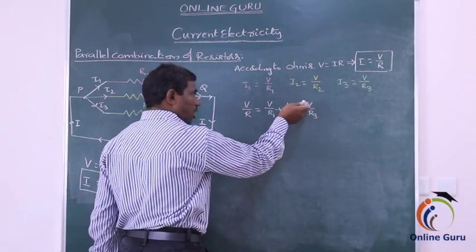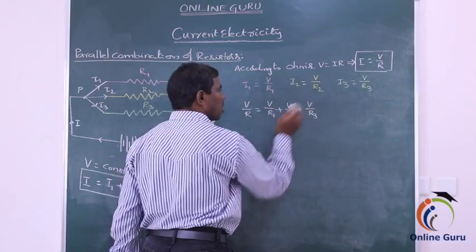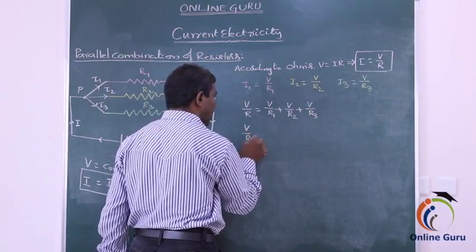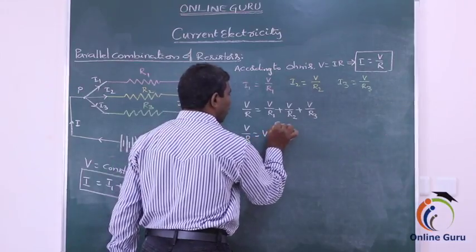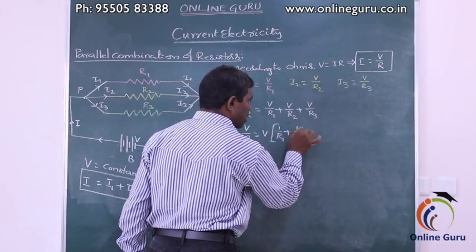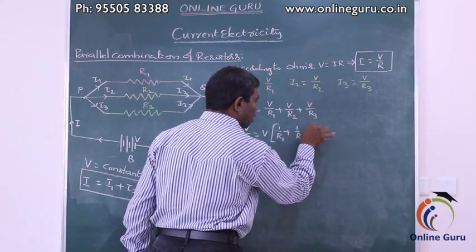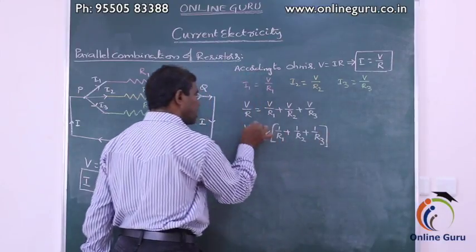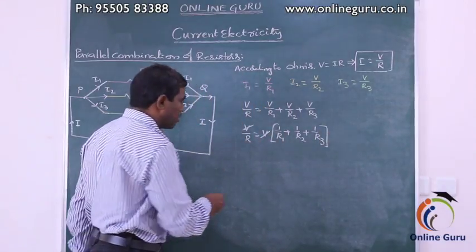Then on the RHS, V is the same, that's why we can take V common. That is V by R is equal to V into 1 by R1 plus 1 by R2 plus 1 by R3. V is the same on both sides, so we can cancel it.